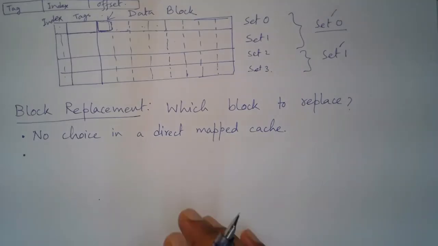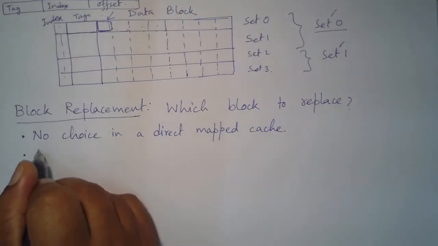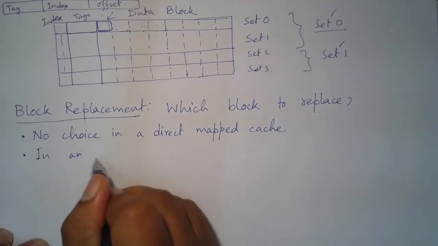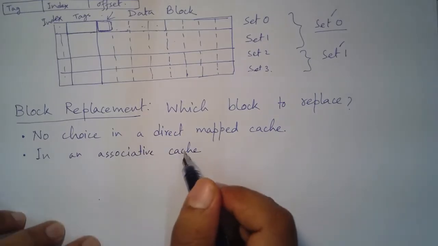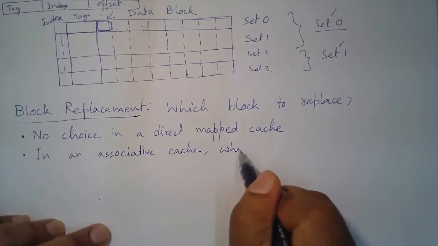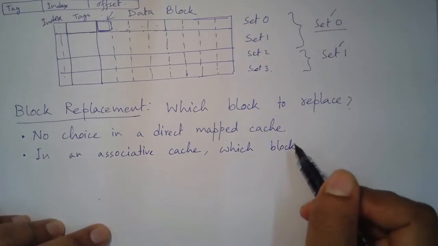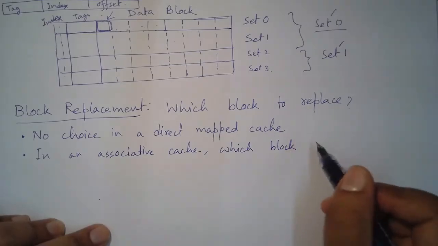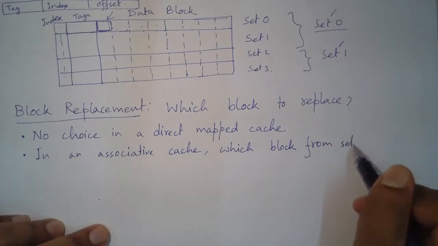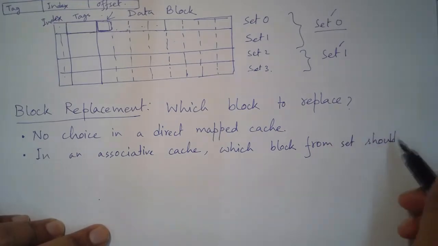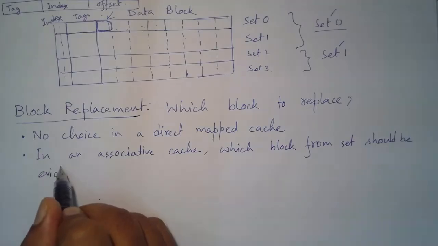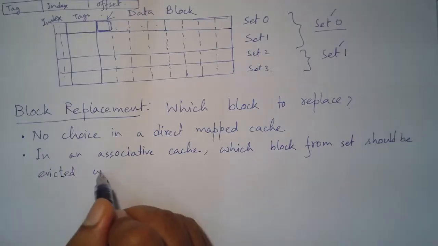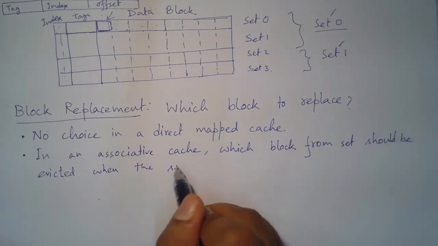So, in an associative cache, which block from the set should be evicted when the set becomes full?